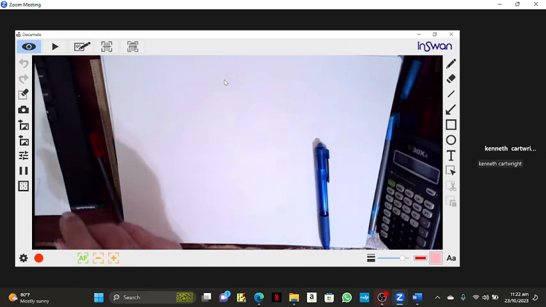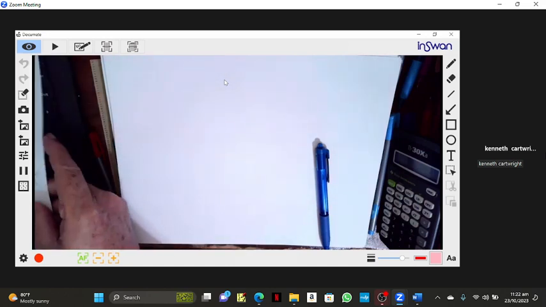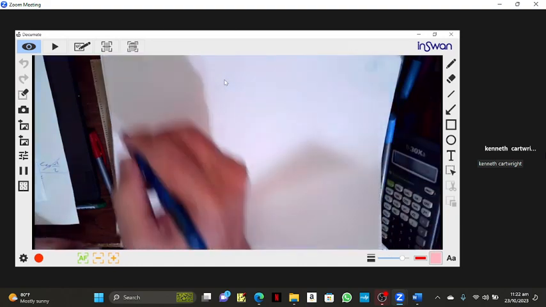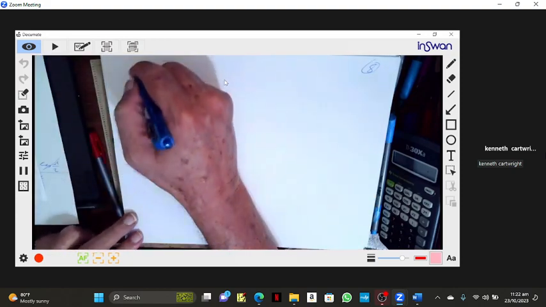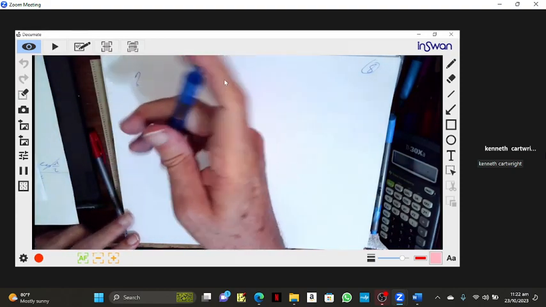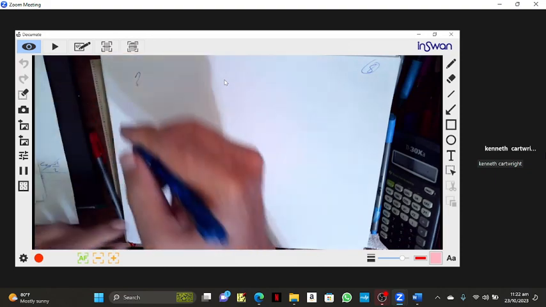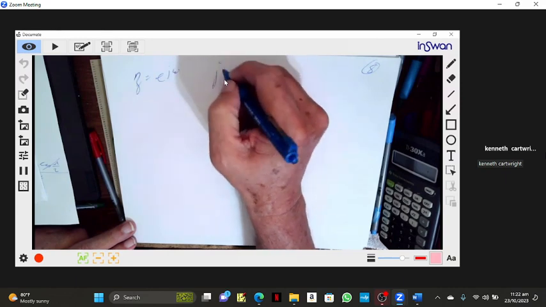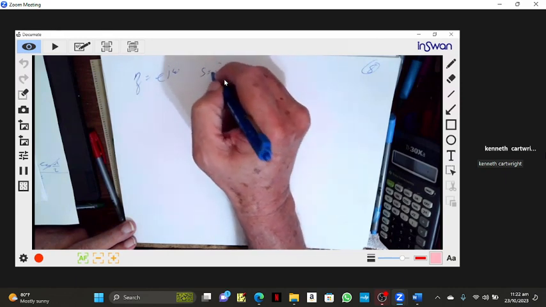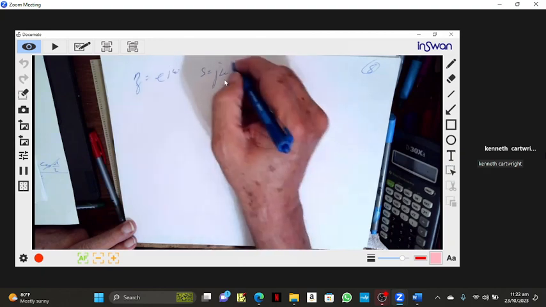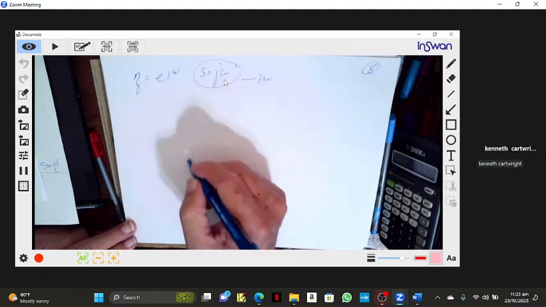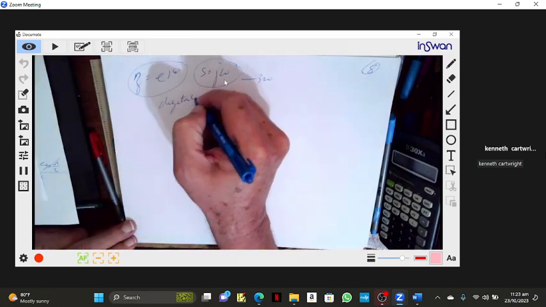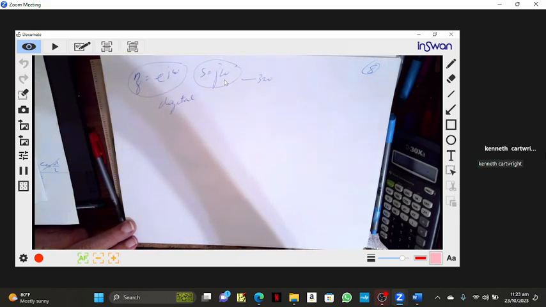Once you have it, you replace z by z equals e to the j omega. In 320, it was s equals j omega. That is 320; this is digital. But you both begin with a transfer function.